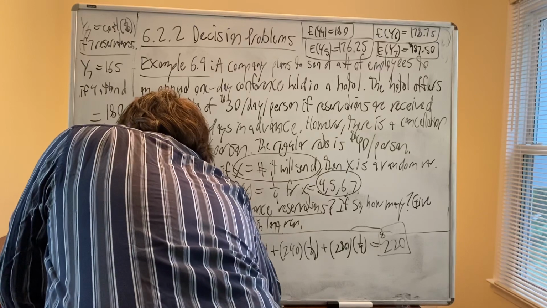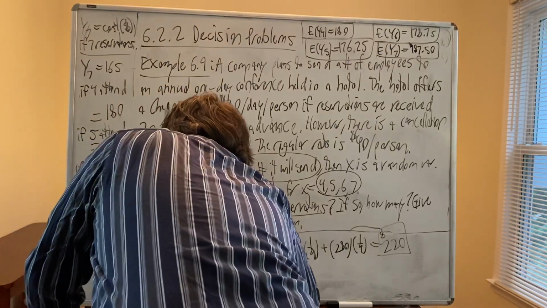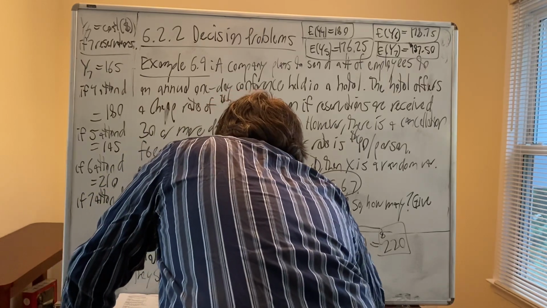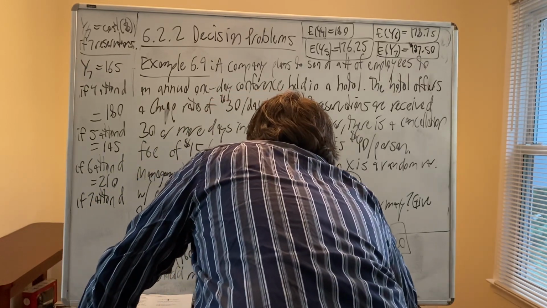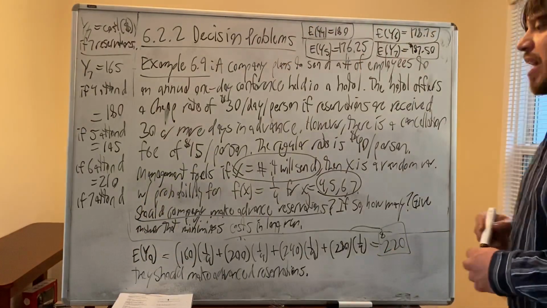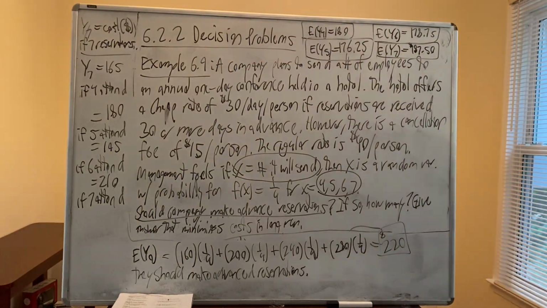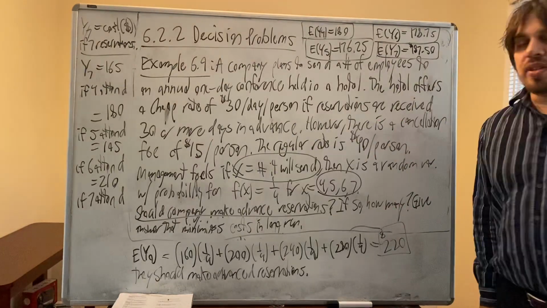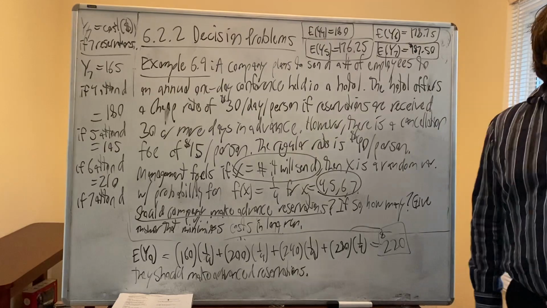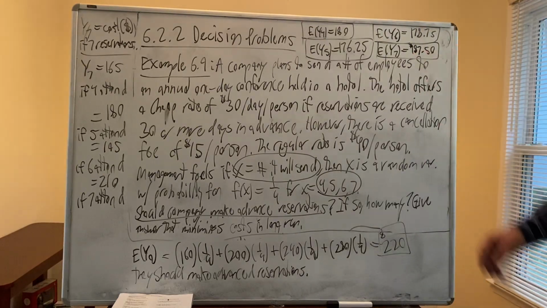They should make advance reservations, right? Because the expected value, the average cost to the company if they make 0 reservations, is more than the average cost if they make any number of reservations, 4, 5, 6, or 7. And they should definitely make at least 4 reservations, right?